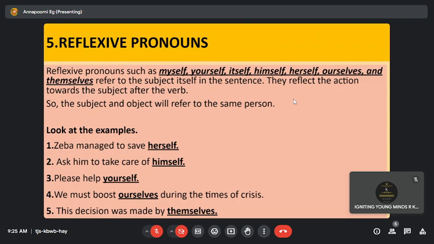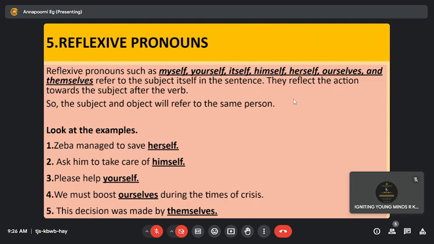So these are called reflexive pronouns. The name reflexive comes because these words are actually talking about the subject itself in the sentence. For example, I completed the assignment myself. It means I completed the work without anyone's help. Nobody helped me. So here that myself refers to I. I को ही represent करते हैं.